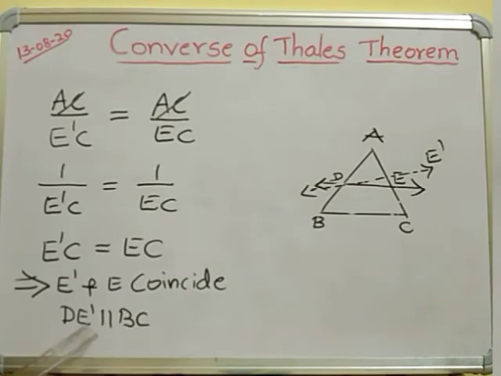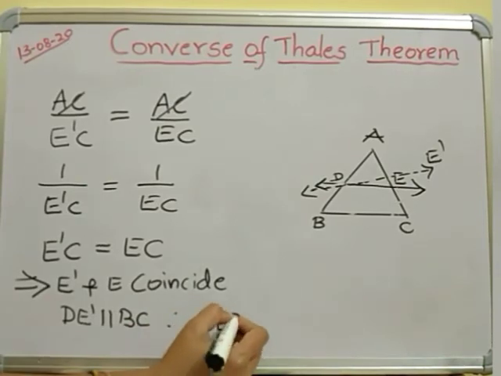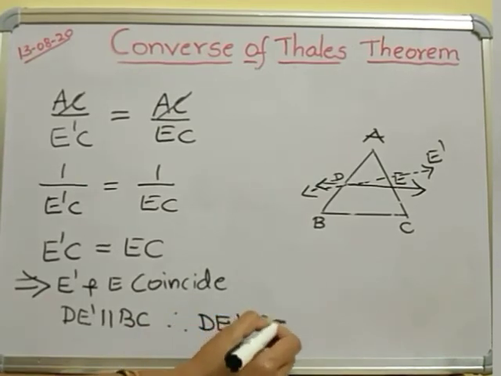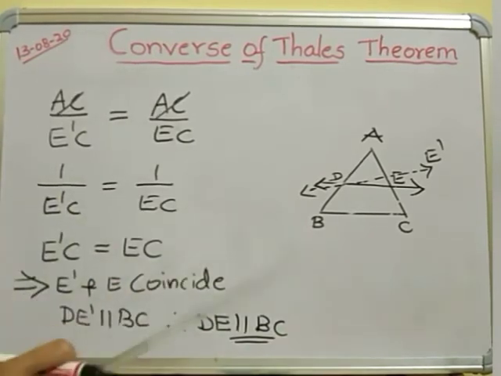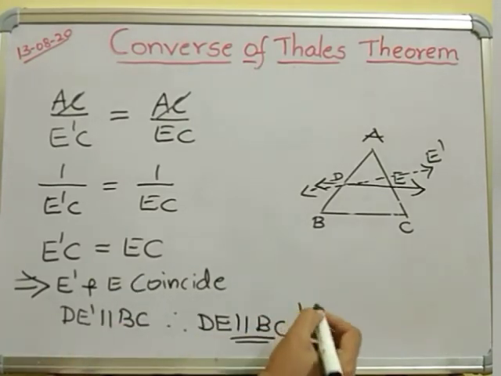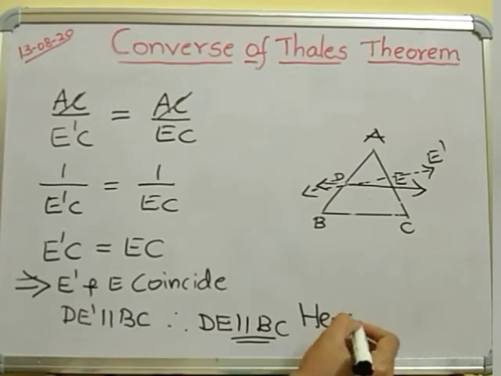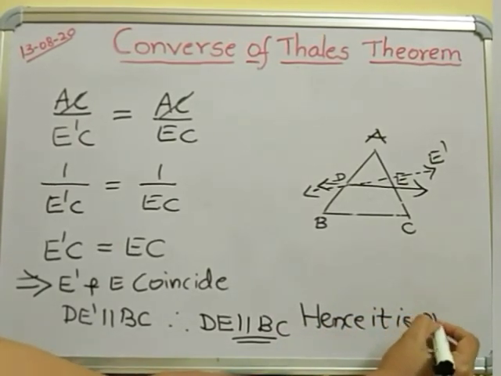Now instead of E dash, I am going to write DE parallel to BC. Now are we getting the statement that DE is parallel to BC? So we have proved here. Hence it is proved.